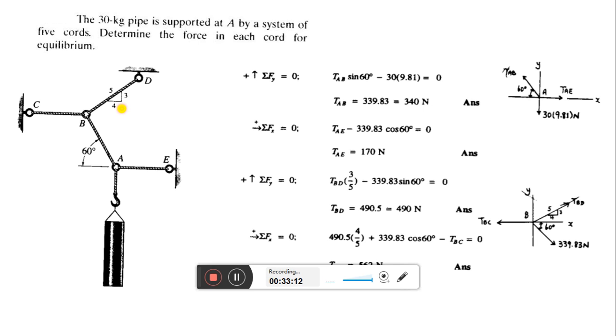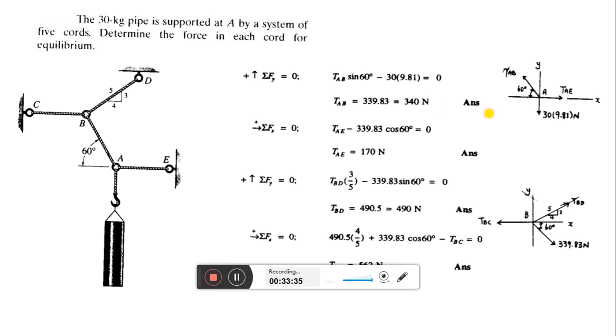That unknown force will be present in the next free body diagram. Okay, after solving that in the previous free body diagram, it is known to you right now. Okay, in this manner you can carry on. So this is the case of this kind of problem which we call connected body problem.